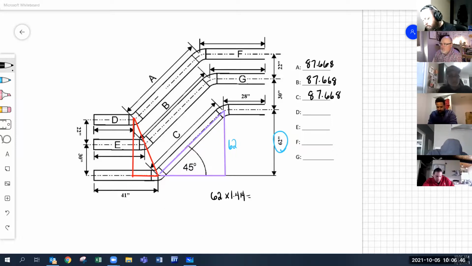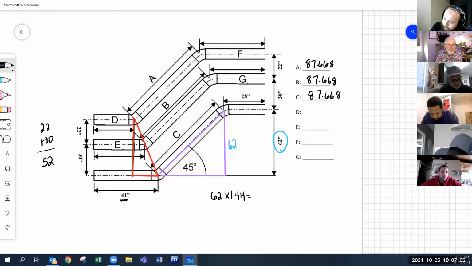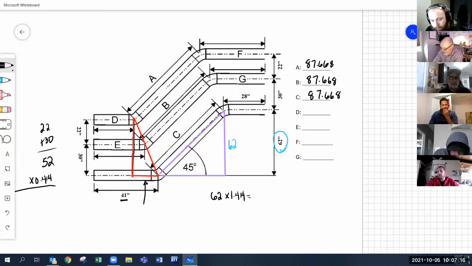Now, because I have this measurement 41 down at the bottom, if I take the run that's here, so the run is 22 plus 30, so the run is 52, right? This run in here is 52, and if I times that by 0.414, because it's a 22.5, I can get this measurement right in here.